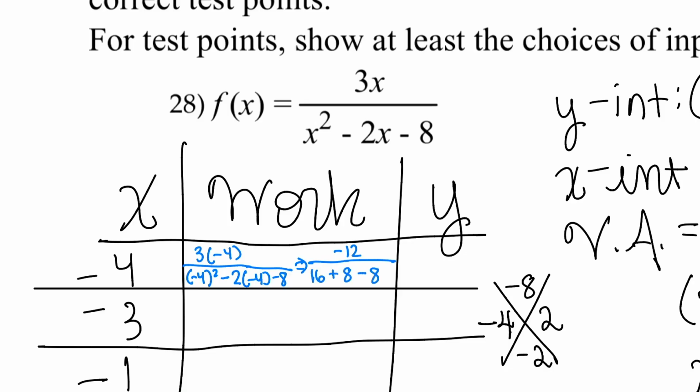And that's going to be -12 over 16, which is the same thing as -3/4.